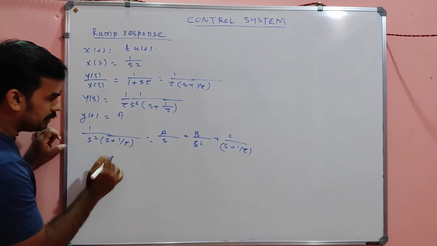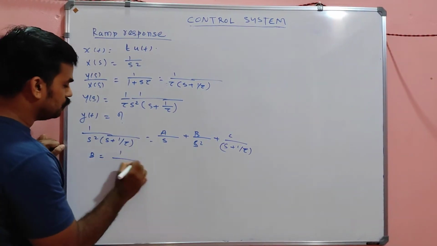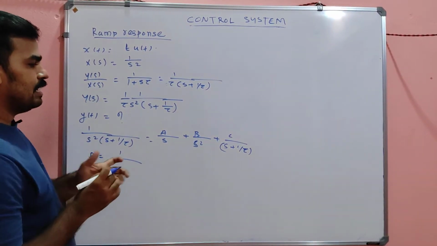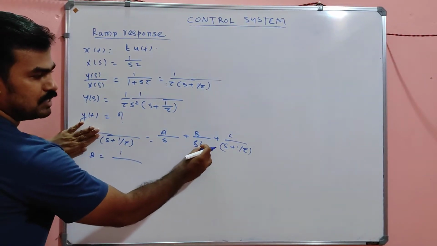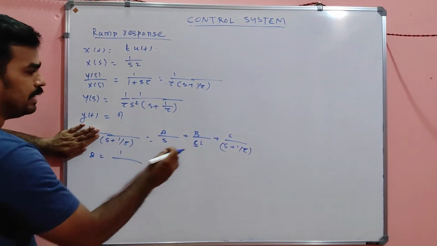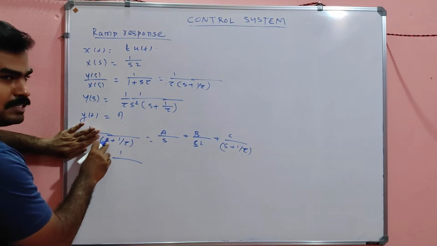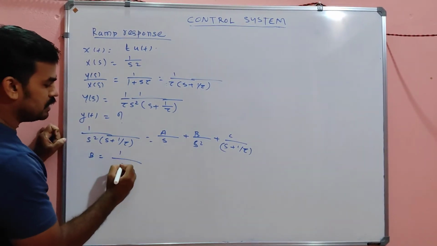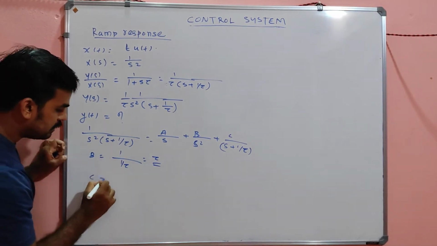How can we find the value of b now? So b will be equal to 1 by, cover up this s square and put the denominator equal to 0. S square equal to 0, so s will be definitely 0. Substitute s equal to 0 there, so it becomes 1 divided by 1 by tau, simply tau. And what is c now?